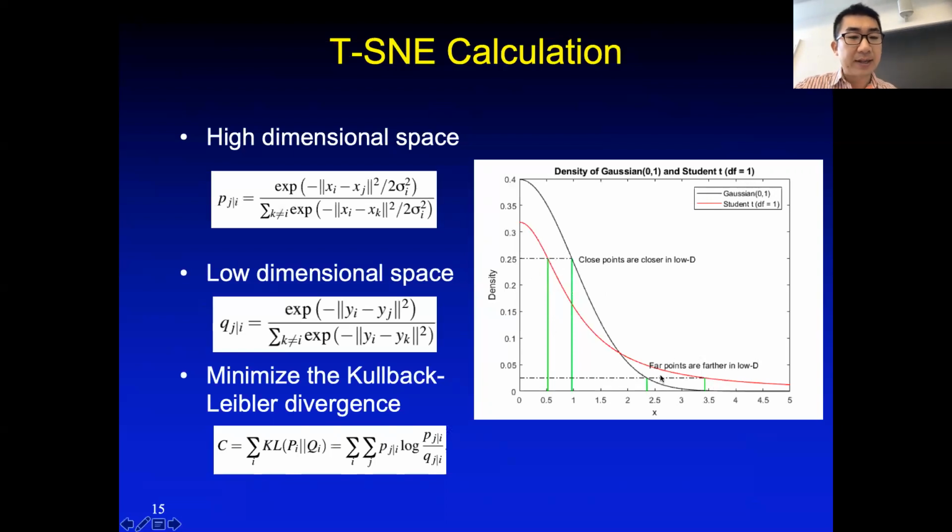And if a point is far away, like in the tails of the Gaussian distribution, then in the lower dimension, in the t-distribution, it will be even further because it has a longer tail. So by this transformation, the closer points become closer, and the far away points become farther away in these distance evaluations.